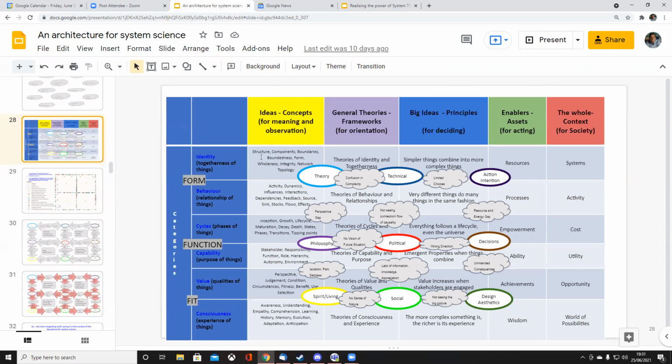Yeah. I have to think about that more. And the viable system model, you could label that as a theory of capability and purpose. Yes.